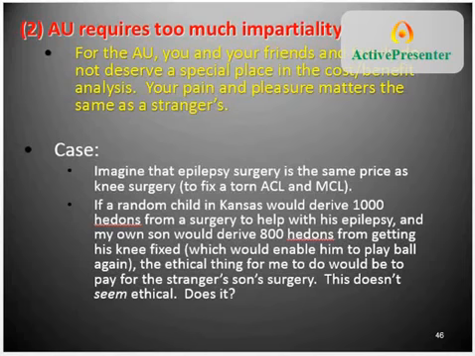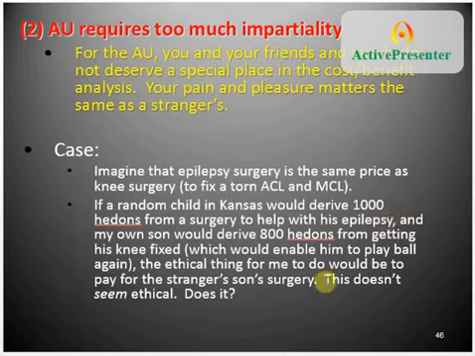Now, if a random child in Kansas would derive 1,000 hedons from a surgery to help with this epilepsy, and your own son would derive 800 hedons from getting his knee fixed, which would enable him to play ball again, the ethical thing for you to do would be to pay for the stranger's son's surgery.